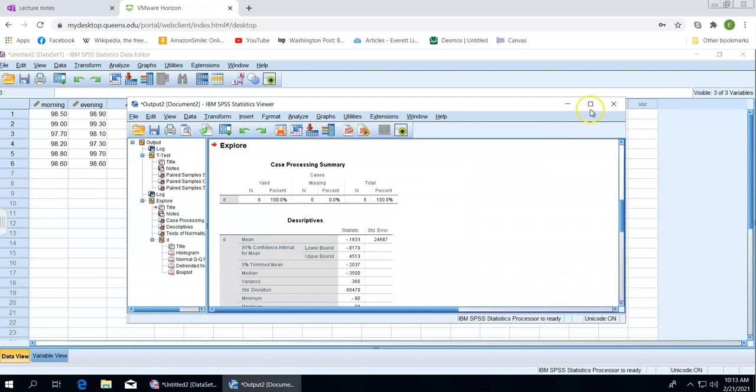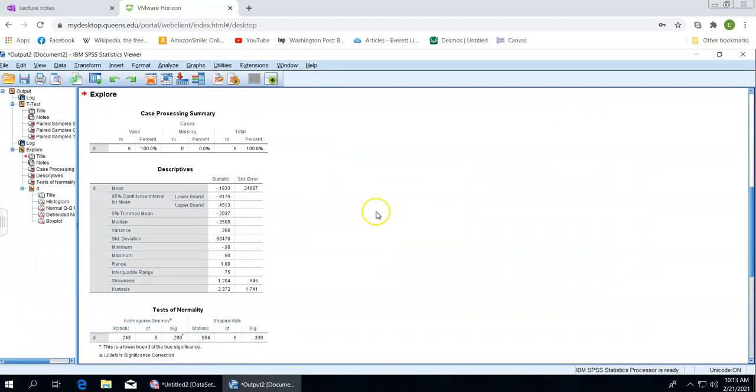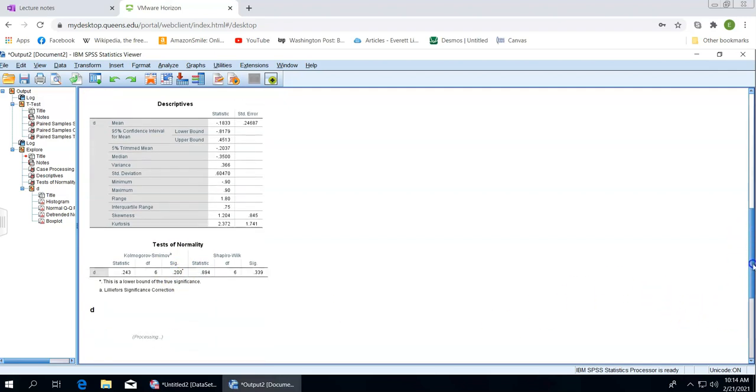And if we click OK, let's see, we've got a skewness of 1.204, a kurtosis of 2.372. Those are not great. Kolmogorov-Smirnov tells us we've got a p-value of 0.2, which actually isn't bad.